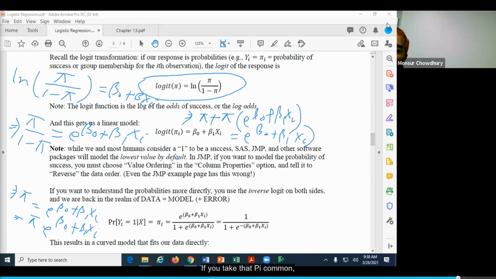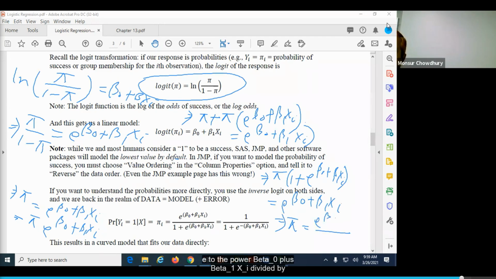Now if you take pi common, we can say pi times 1 plus e to the power beta 0 plus beta 1 x_i is equal to e to the power beta 0 plus beta 1 x_i. And then pi will be equal to the form that we just said, e to the power beta 0 plus beta 1 x_i divided by 1 plus e to the power beta 0 plus beta 1 x_i.